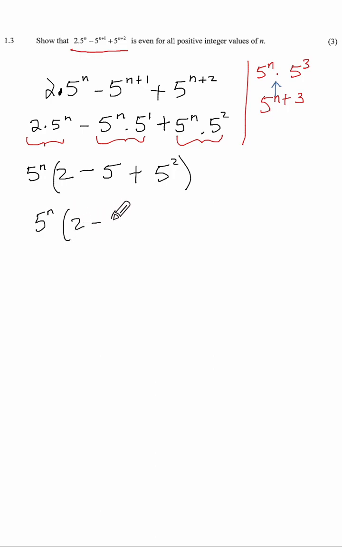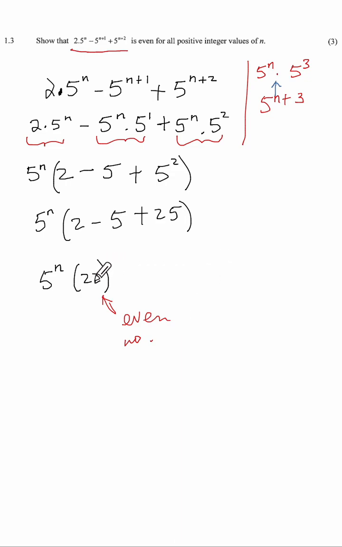Of course, it's 2 minus 5 plus 5 squared, that's 25. If I say 2 minus 5 plus 25, that will give me 22. So it's 5 to the power of n by 22. I know that 22 is an even number because it's exactly divisible by 2. So this is an even number.